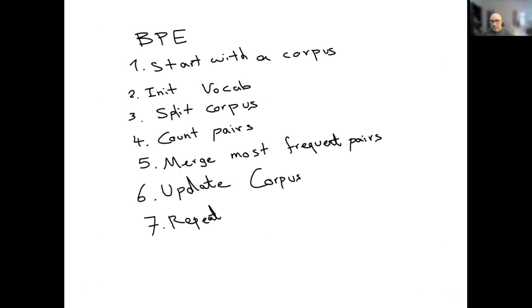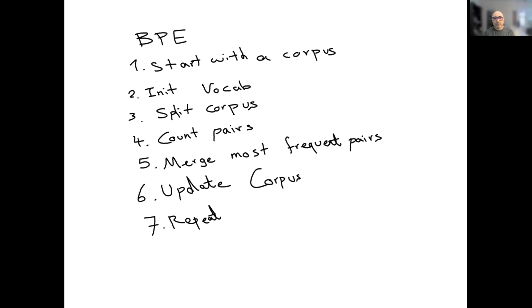For instance, the tiktoken library created by OpenAI, for the GPT-2 tokenizer, has about 50,000 tokens. So let's look into these steps in an example of how it works.